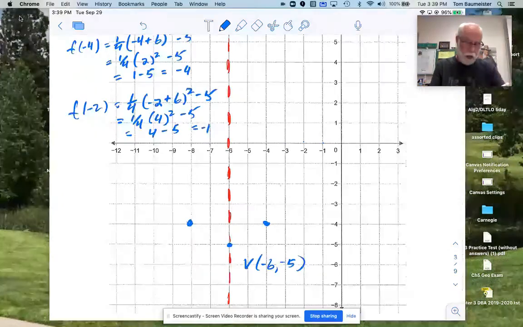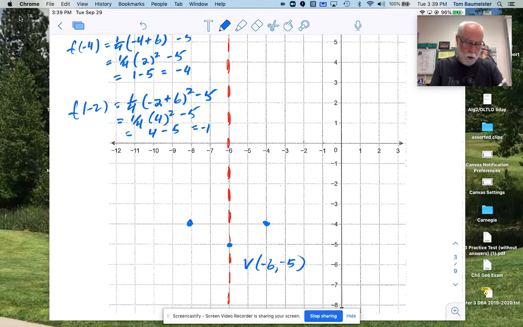So what that is saying, when I go 2 in the negative 2 direction, I'm going to go down 1. So there's that one right there.